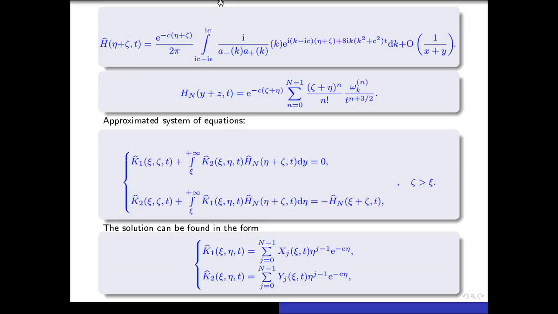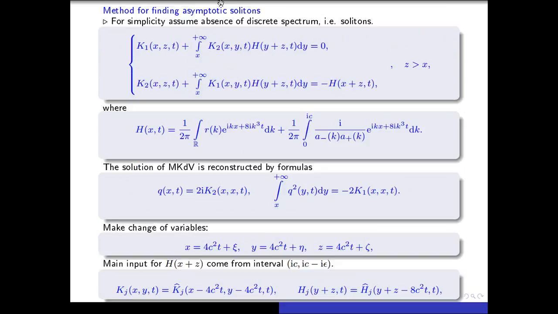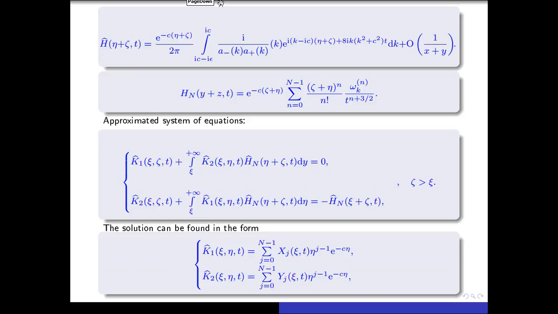Now, in the region where we are interested, which is slightly below the leading edge, the exponential of zeta plus eta is decaying, and hence they could expand it in a series.